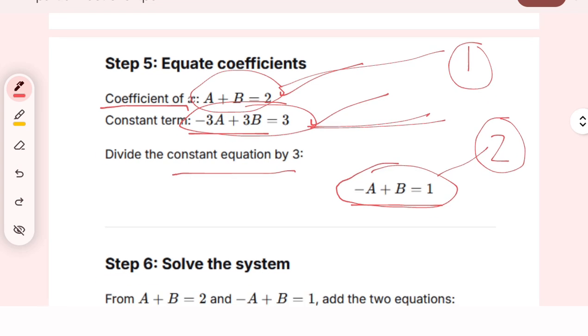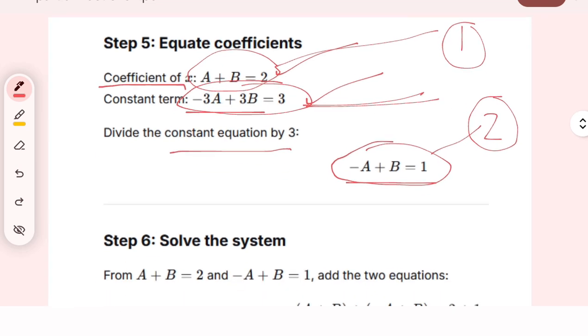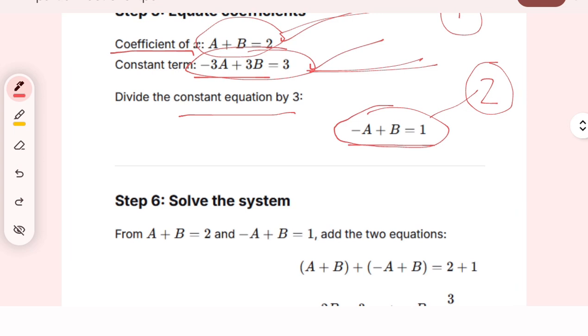So we have two equations and two unknowns. We can solve for a or b, right? So we can substitute one into the other. So we have a plus b is equal to 2, that's equation number 1, and minus a plus b equal to 1, that is equation number 2. What we can do is add the two equations.